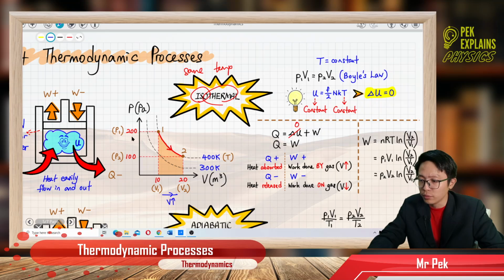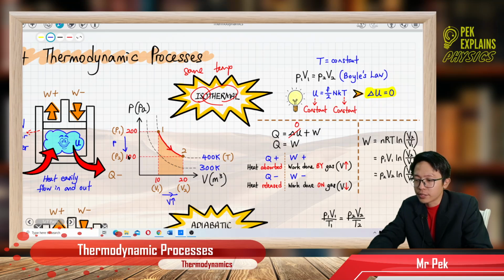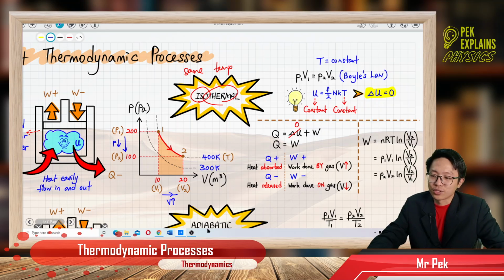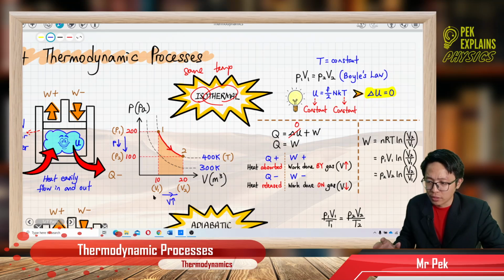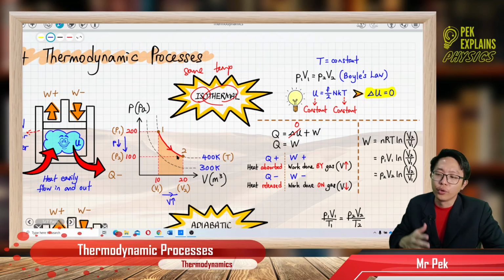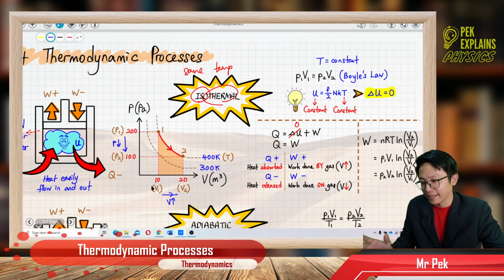The pressure decreases from 200 going to 100. So you see that pressure and volume are inversely proportional. For Boyle's law, when volume increases, pressure decreases. The same goes for compression. If we go from point 2 going to point 1, the volume decreases, but pressure will increase. The other way around. Okay?